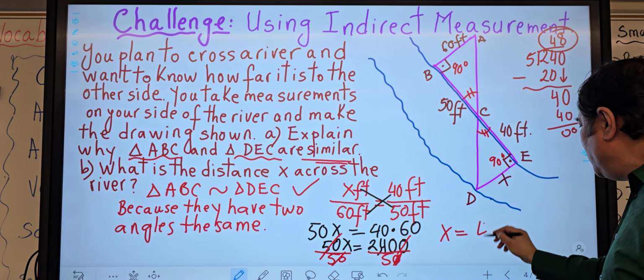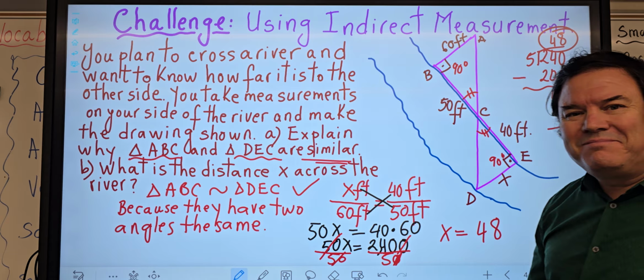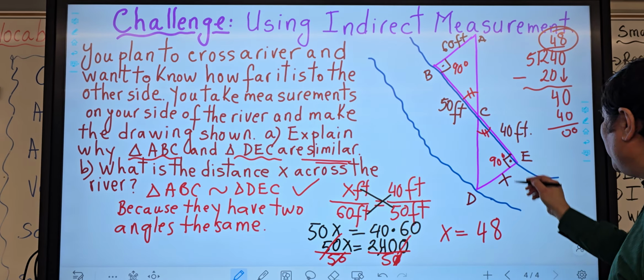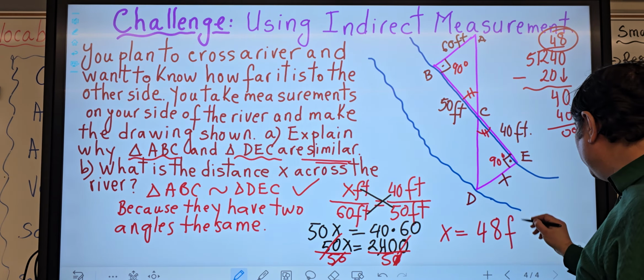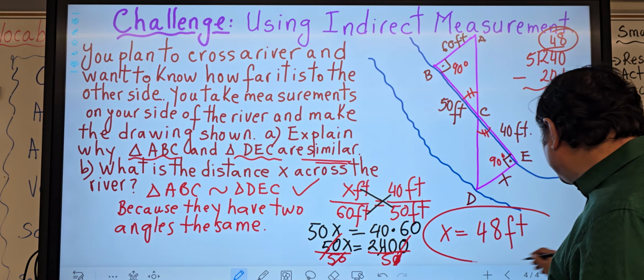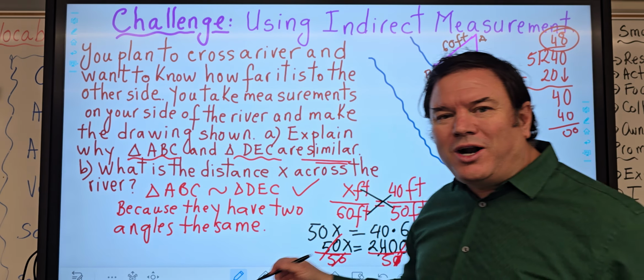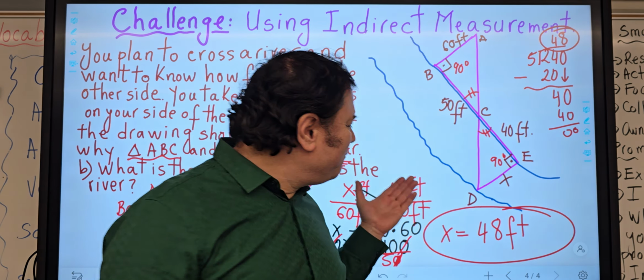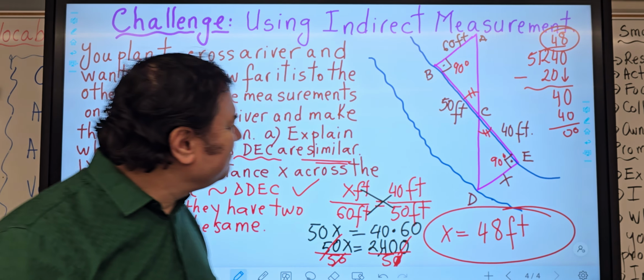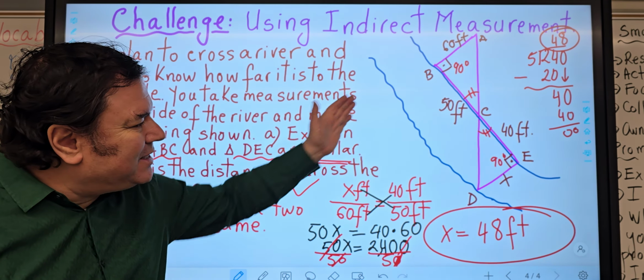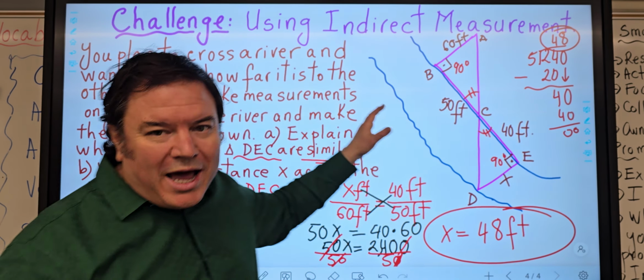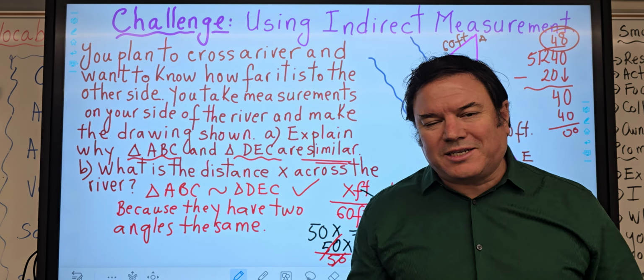X equals 48 what? 48 feet, because we were trying to find the distance. So that's it, folks. The distance across the river is 48 feet. You see how we set up this problem? First, we had to identify if both of these triangles are similar.